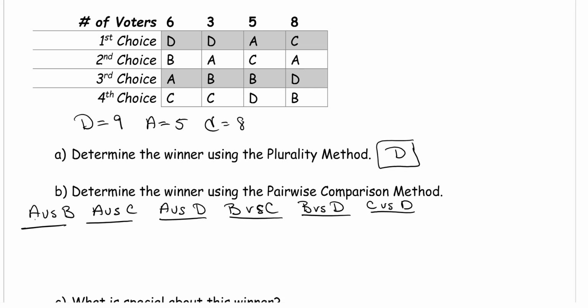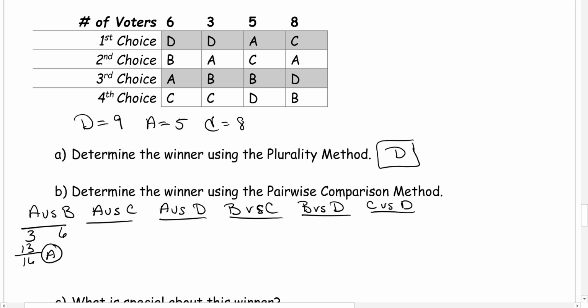First we're going to look at A versus B. So B will win the first 6. A wins the next 3. A wins actually the next 13. So A has 16 and B has 6. So A is going to win that matchup.